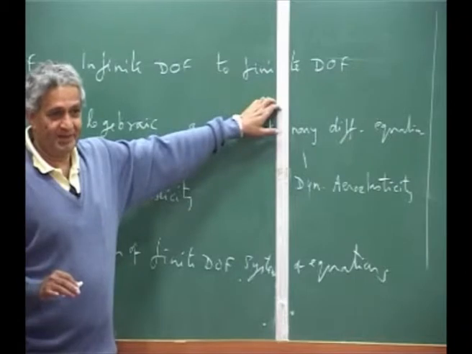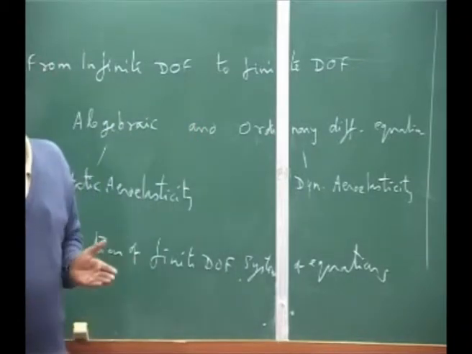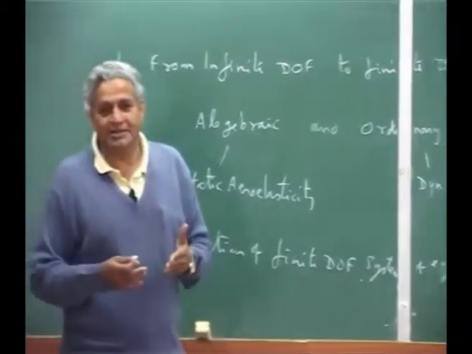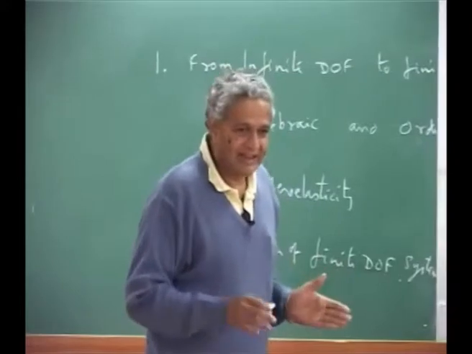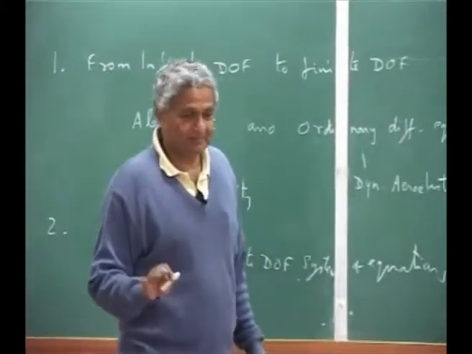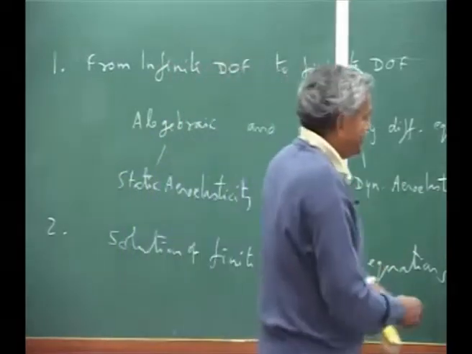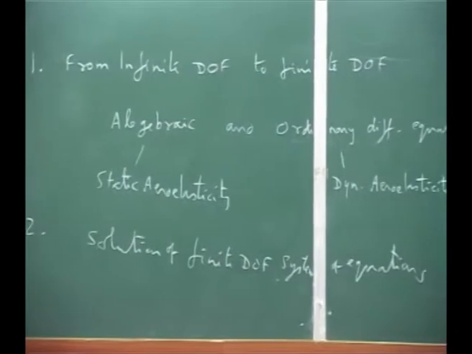Okay. In step 1, what types of approximate techniques are used in approximating infinite to finite? That I will describe now. So is it clear?